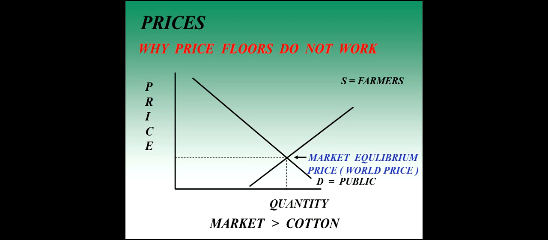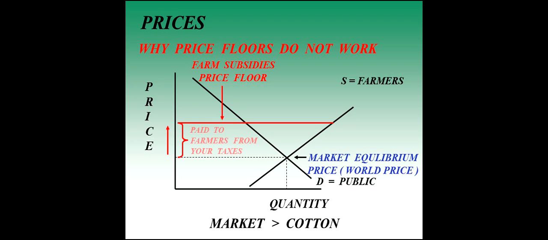So let's illustrate how the price floor of a subsidy is reflected in this chart. Here we have our price floor set above the market equilibrium price, and that dollar difference between the market equilibrium price and the price floor is what's paid to farmers from your taxes.